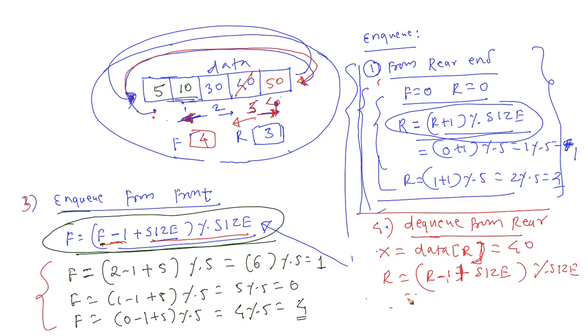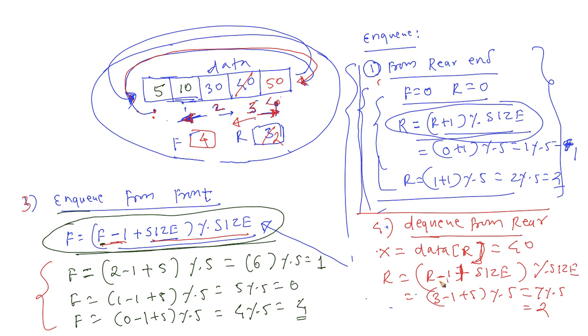So R is equal to, what is R? R is 3, so 3 minus 1 plus 5 mod 5, which is 7 mod 5, which is nothing but 2, right? So R, which was 3, now becomes 2. So this element is removed.